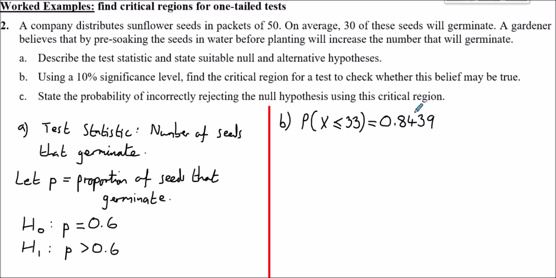0.8439. So therefore the probability of 34 or more germinating would be the same as 1 minus the probability of x being 33 or less.